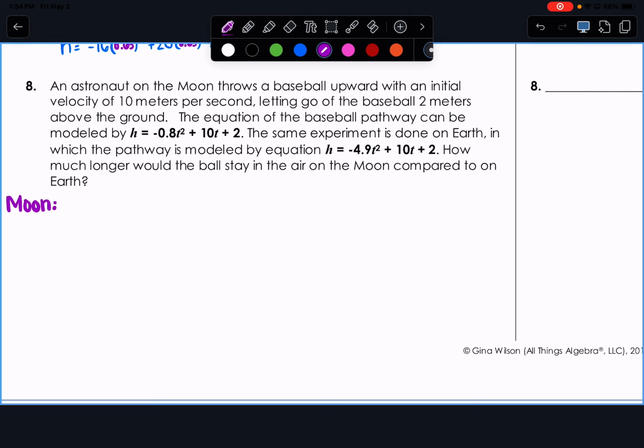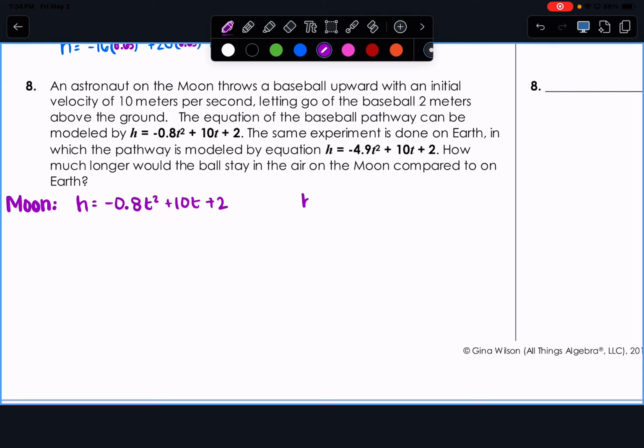So on the moon, we have the equation h equals negative 0.8, which is the effect of gravity in meters per second on the moon, t squared plus 10t, which is our initial velocity, plus 2, which is how high it is above the ground. Then it also gives us the same experiment as done on Earth, modeled by h equals negative 4.9t squared plus 10t plus 2.